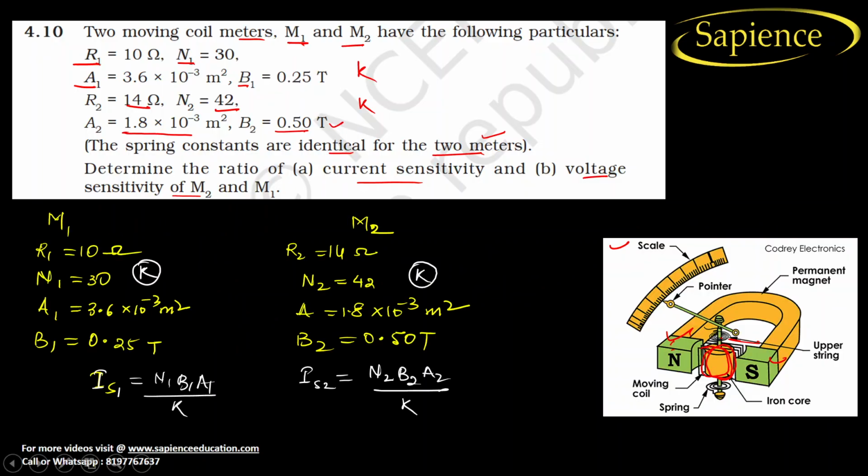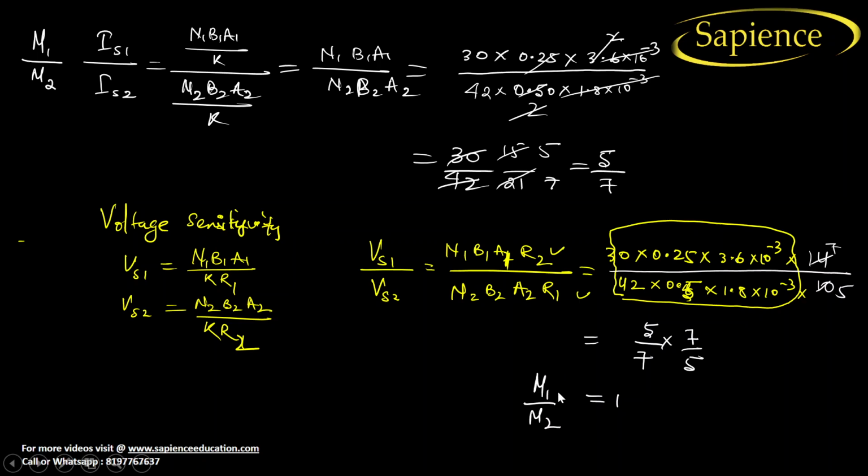I hope you have understood this question. So let's go for the next question. I hope you have done this one. We have got the ratio of voltage sensitivity. So again, just try to understand.